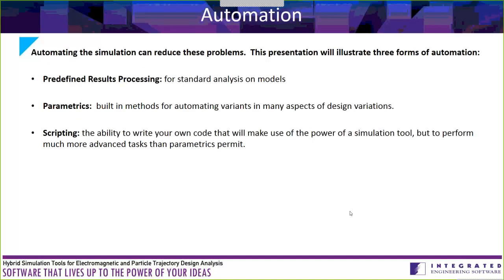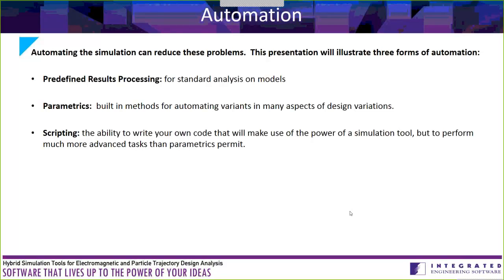We'll break the automation into 3 parts here. Automation in the sense of things that you normally do, standard outputs for a project that you're on. What are you always going to be looking for, and how can you simply get those every time you do something?